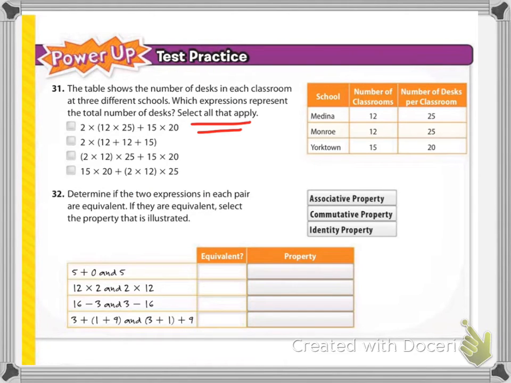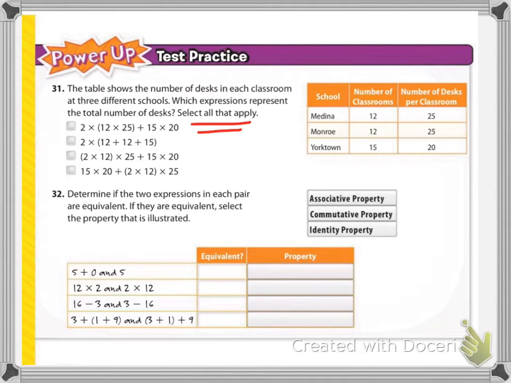Okay, here are some great test practice questions. These power-up test practice questions are going to be similar to what you're going to see on your quarterly check for quarter 3, and more importantly, the FSA. They will be questions on the computer. They will have the harder questions like this one here, number 31, select all that apply.